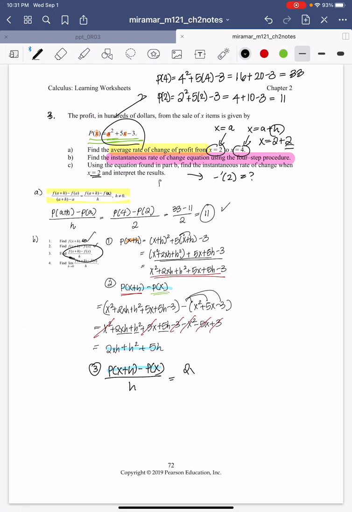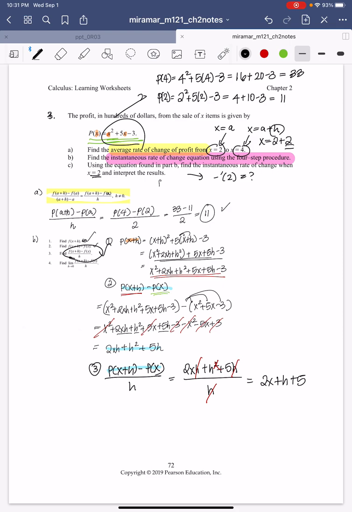So that is 2xh plus h squared plus 5h all over h. Notice that each term has an h, so I can cancel one of them out for each term, ending up having 2x plus h plus 5 for step 3.